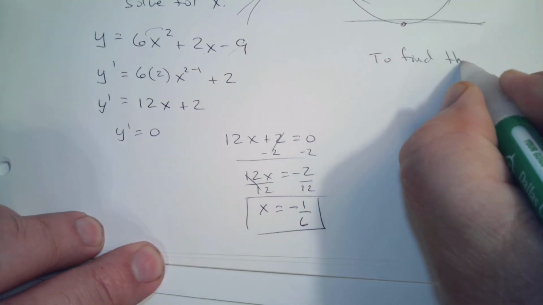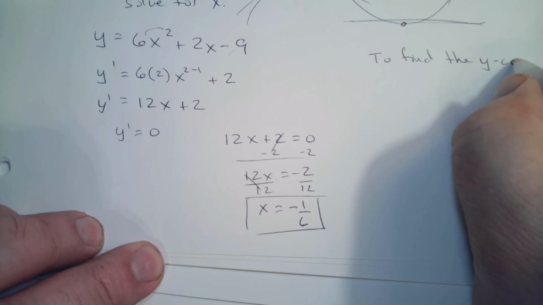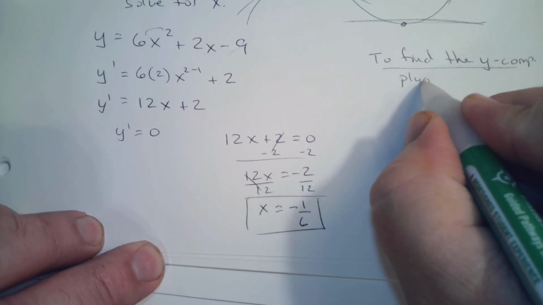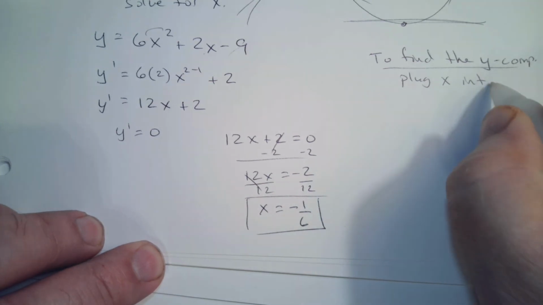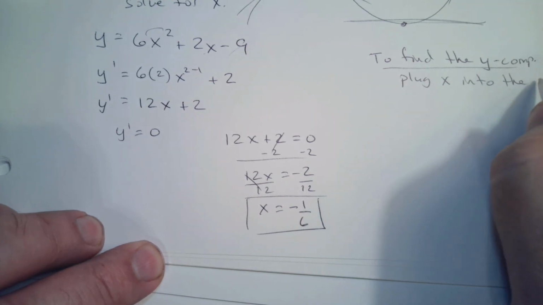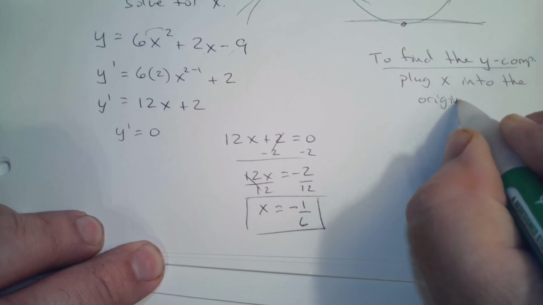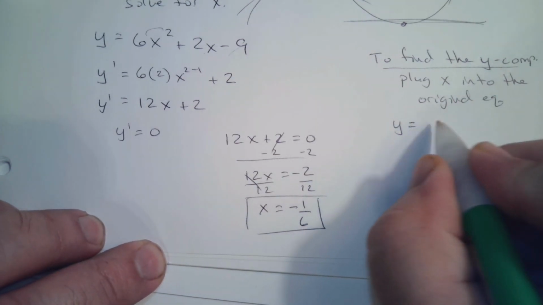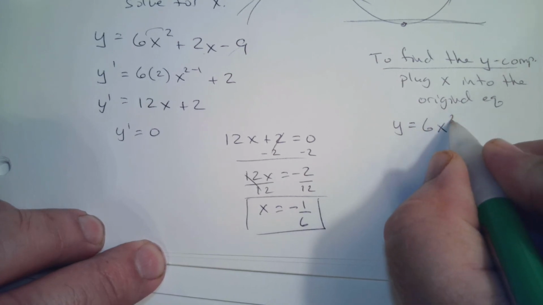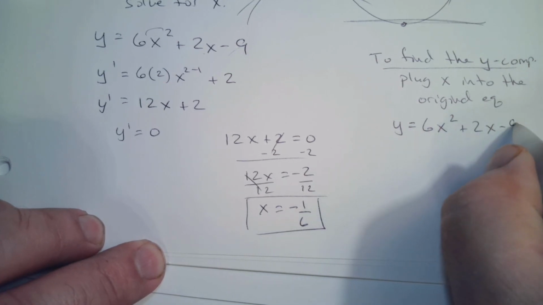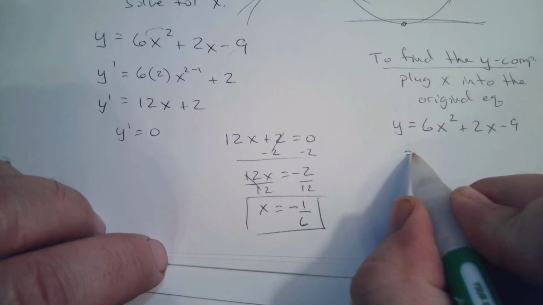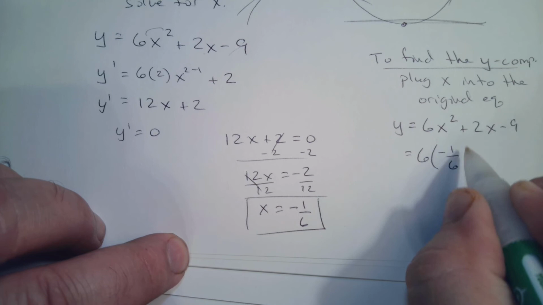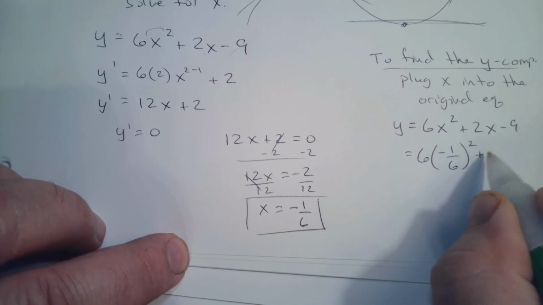To find the y component, plug x into the original equation: 6x squared plus 2x minus 9. Okay, so I plug in x, negative 1 over 6, anywhere I see an x.